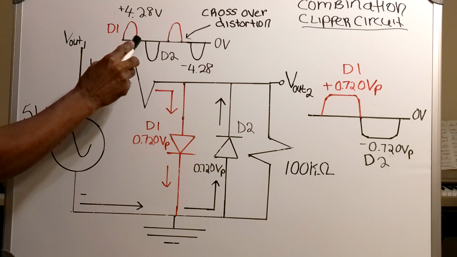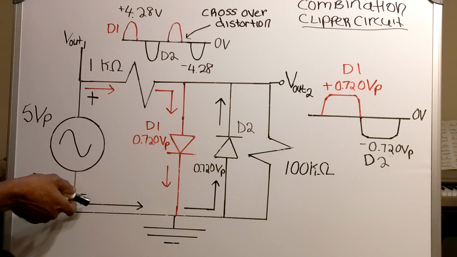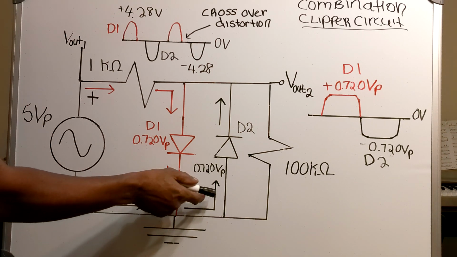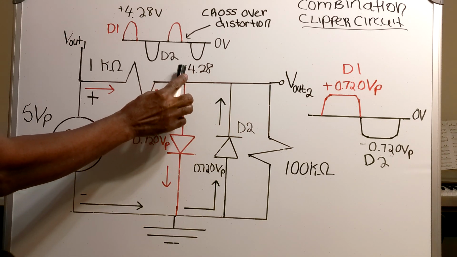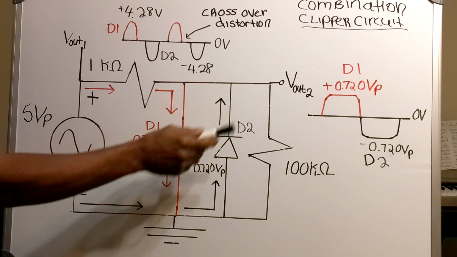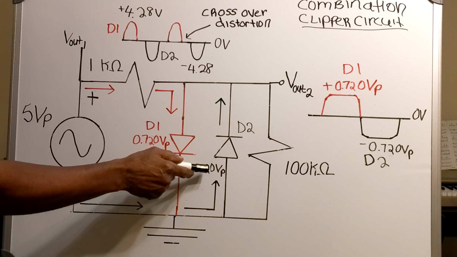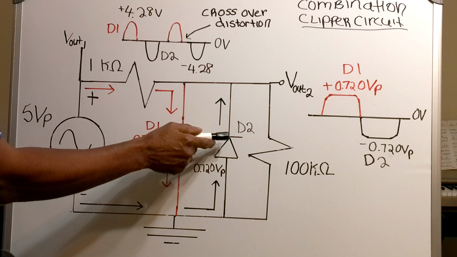Now the crossover distortion leads you to the negative input. The negative input now flows through diode number 2. Now it's minus 4.28 volts, which means that you have 0.720 volts across diode number 2.